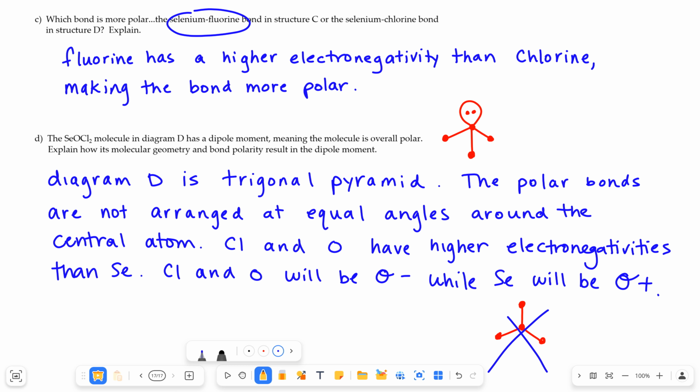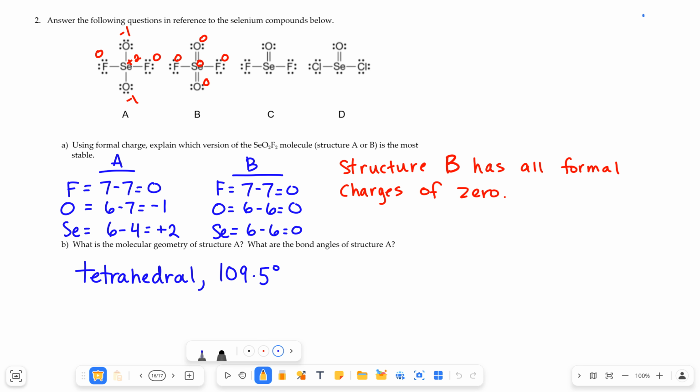And so the chlorine and oxygen on the outside will have a higher electronegativity. So you're going to get some poles and some poles and some poles, but there's nothing up on top to offset that pole. And maybe you said something about how the atoms on the outside are also not the same.